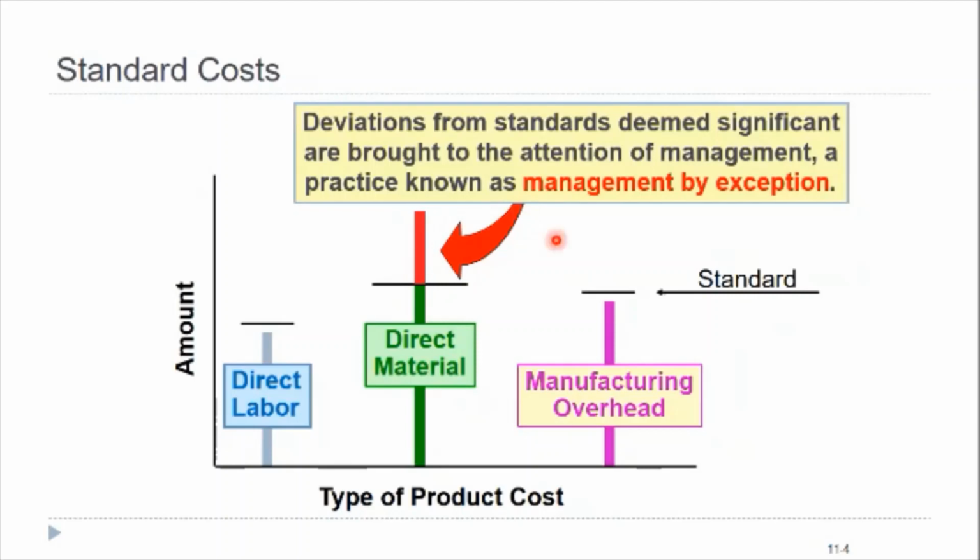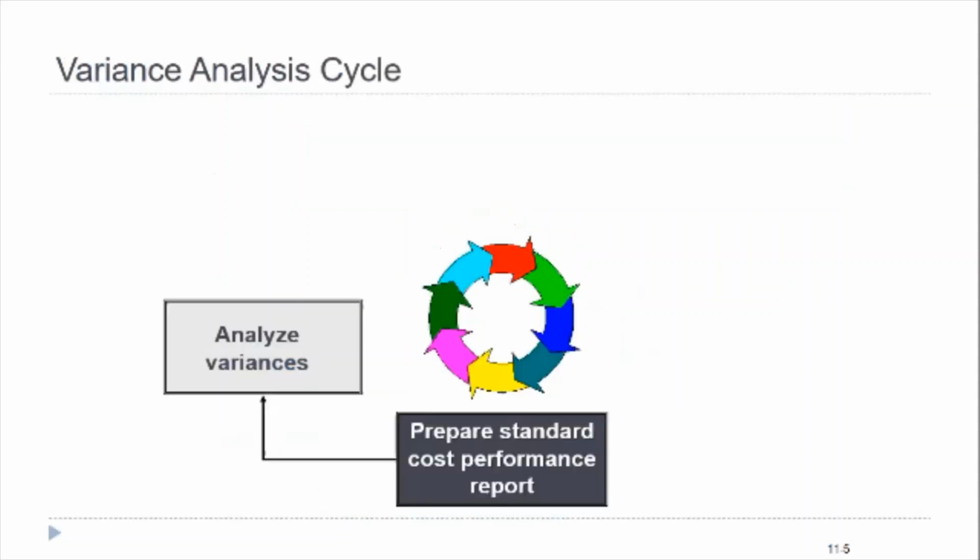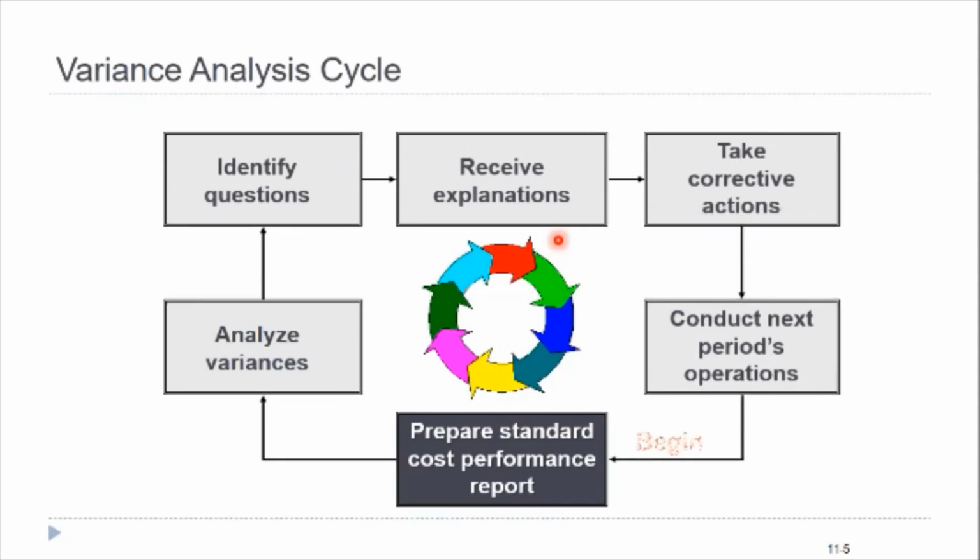The purpose is not to attribute blame to people, but to find out what is the reason for that, so that it could be corrected. A variance analysis cycle: first, you prepare your standard cost performance. They call it a report here, but actually it's the budget that you will start with.